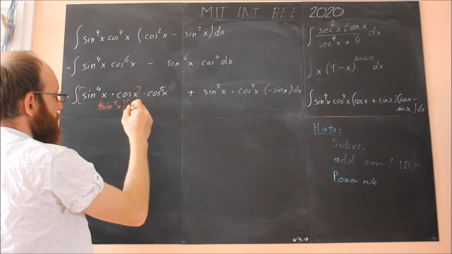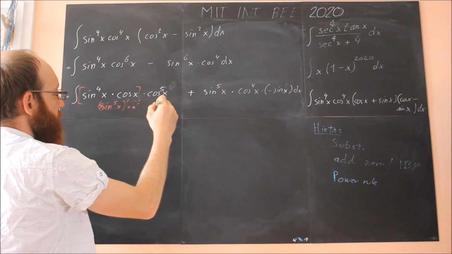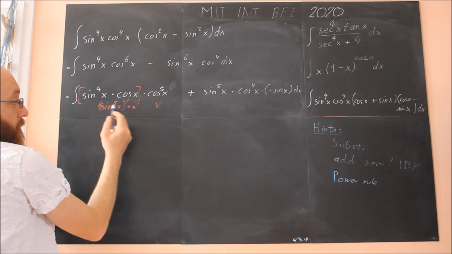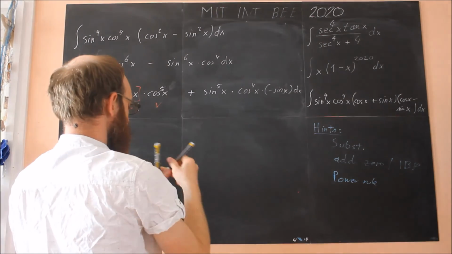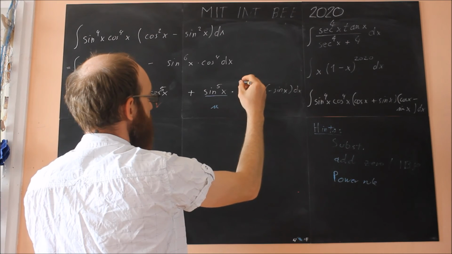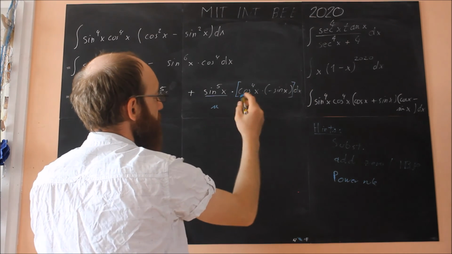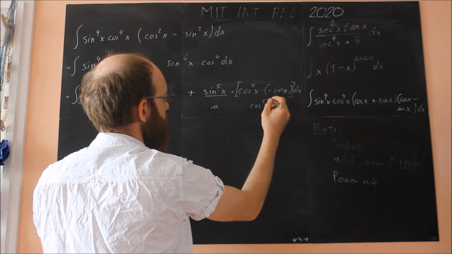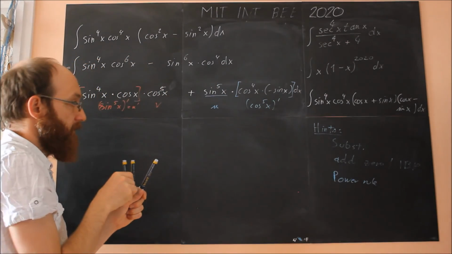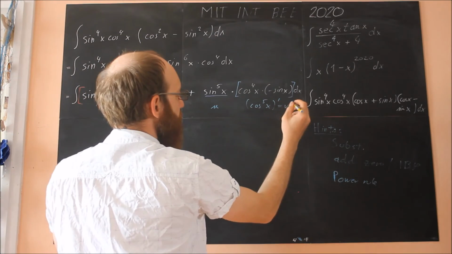So let's say this is u prime, this is v, and here is u, and this part looks like the derivative of cosine to the fifth up to some factor, and this is v prime.